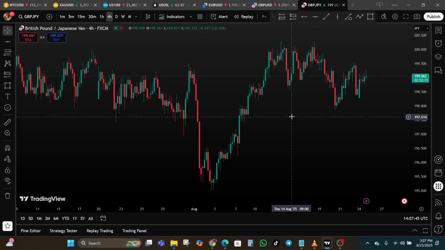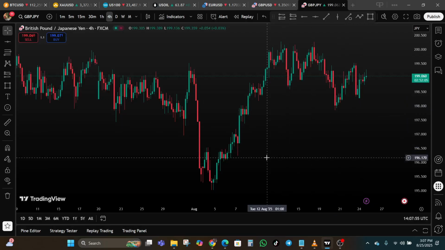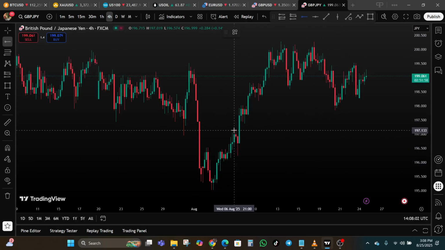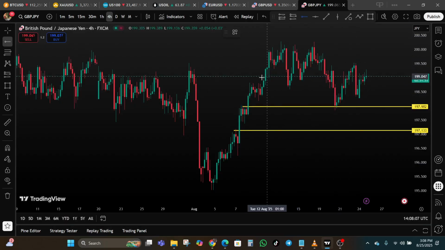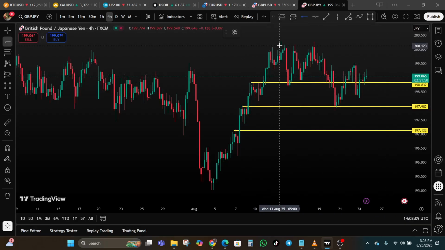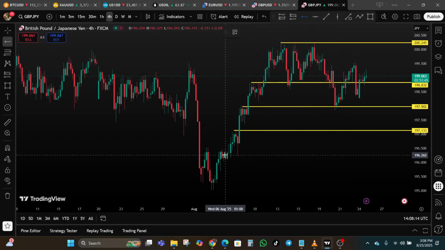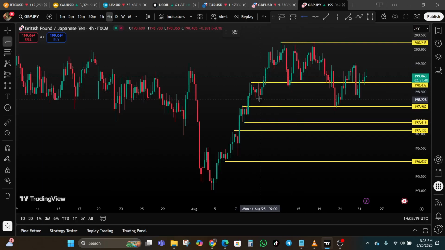So let us quickly start with market structure. On the H4 chart, trends are easier to identify. You'll often see well-defined highs and lows. So you'll see your well-defined higher highs and higher lows, of course, for an upward trend.